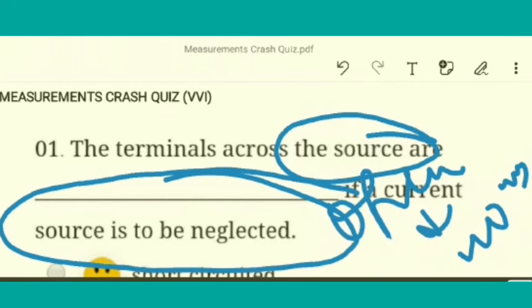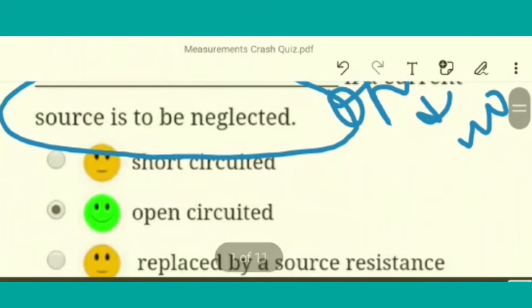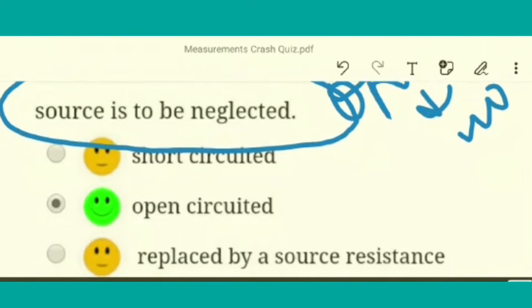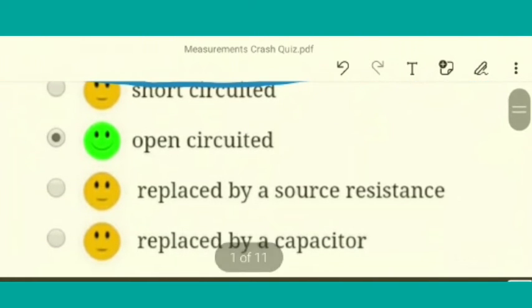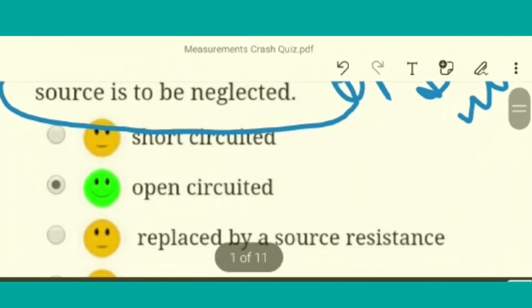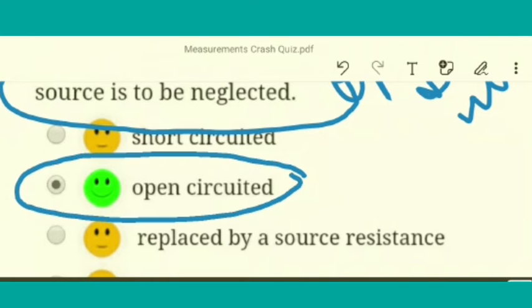Here we will check our options. The options are short circuited, open circuited, replaced by a source resistance, and the last one is replaced by a capacitor. In open circuit the source resistance is neglected, so our B option will be the correct answer.